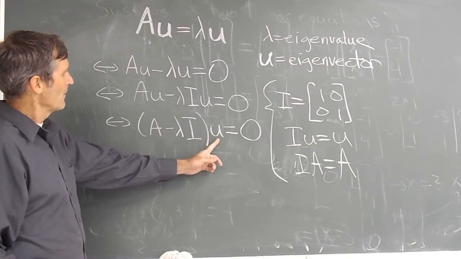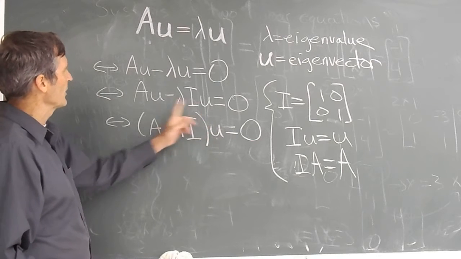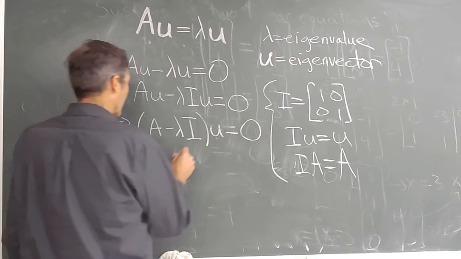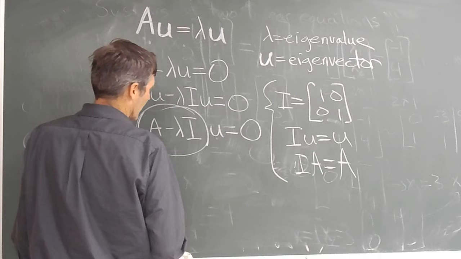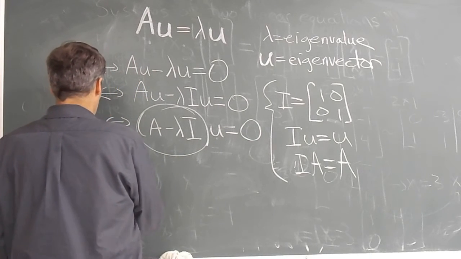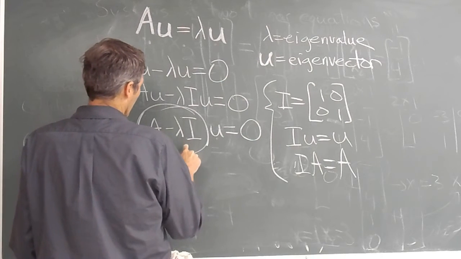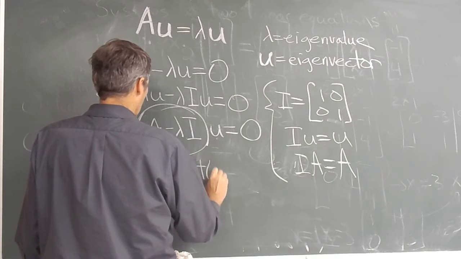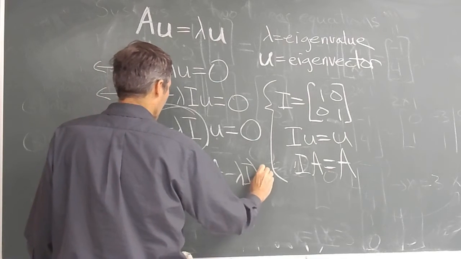You can say multiplication distributes over addition and subtraction and factor a u out of here. Now what this means is that from linear algebra, this is a theorem, in order for this to hold, you need the determinant of A minus lambda times the identity matrix, the determinant of the matrix, equal to 0.